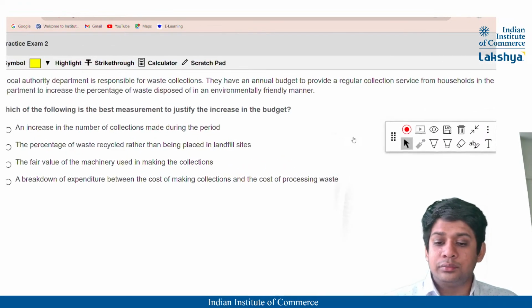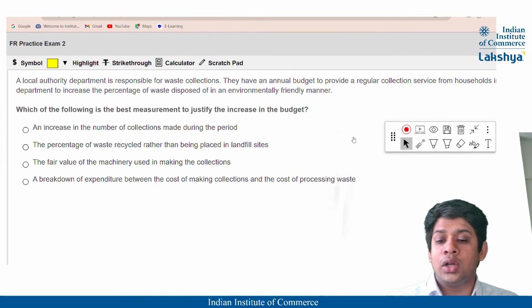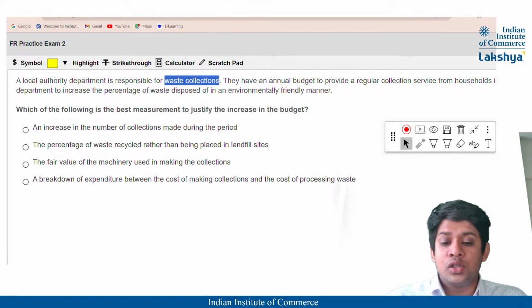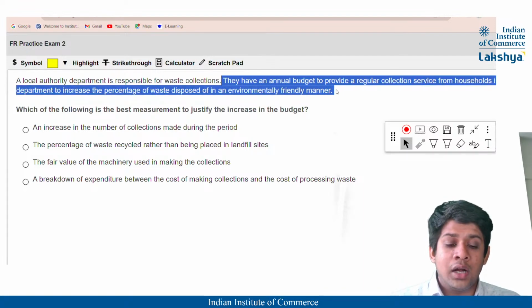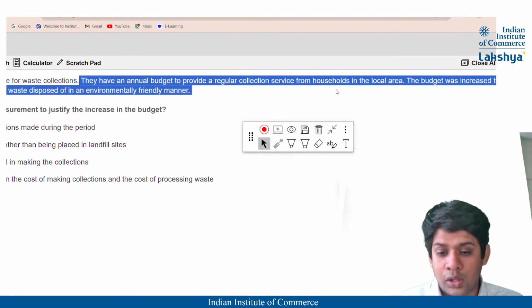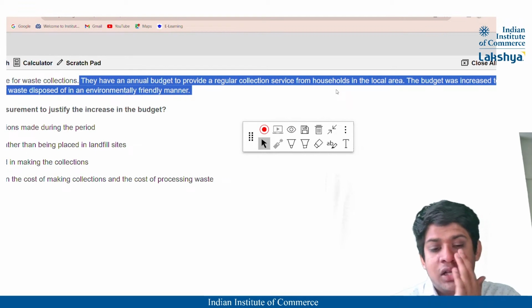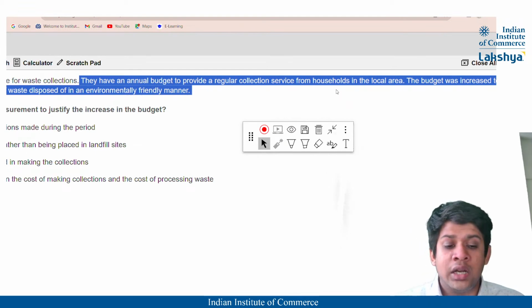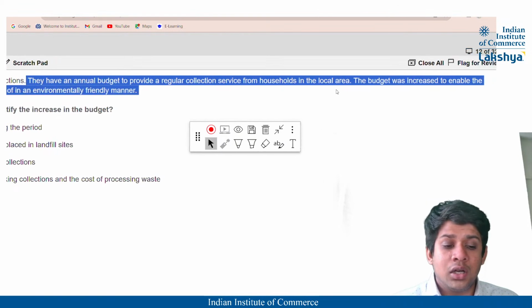Okay, guys. A local authority department is responsible for waste collections. Okay. So they are collecting all the waste. They have an annual budget to provide a regular collection service from households in the local area. Okay. So they are collecting all the waste from the households in the local area, and for that there is a budget.